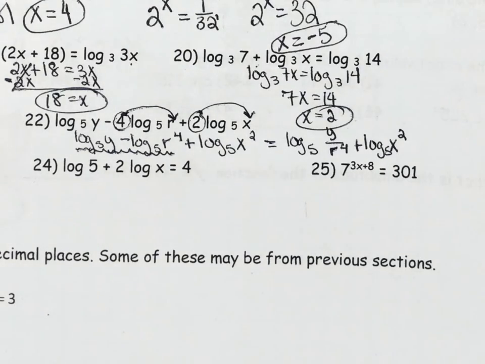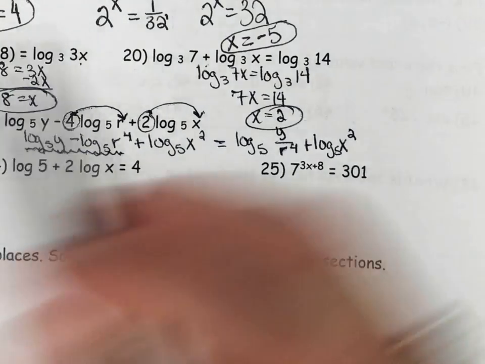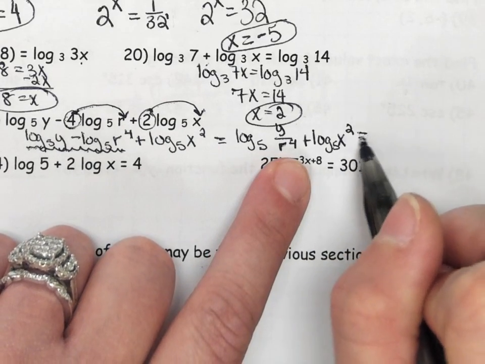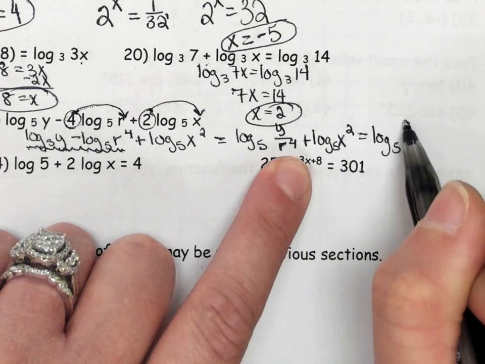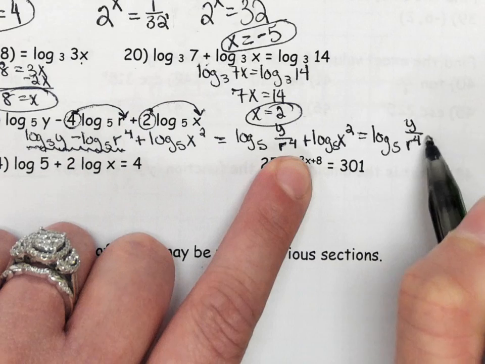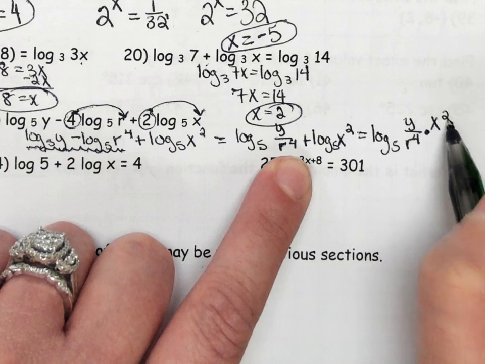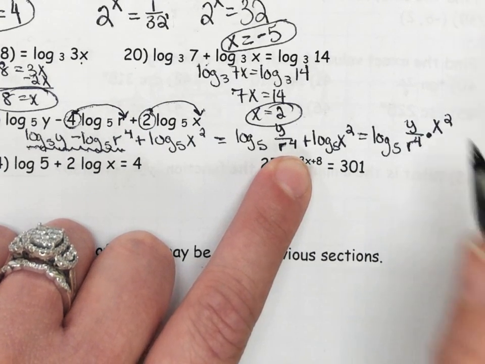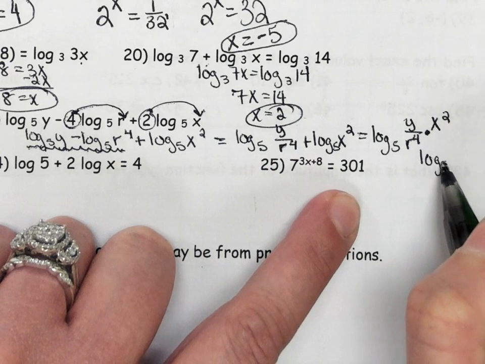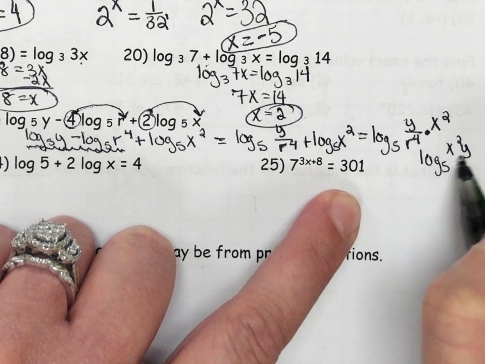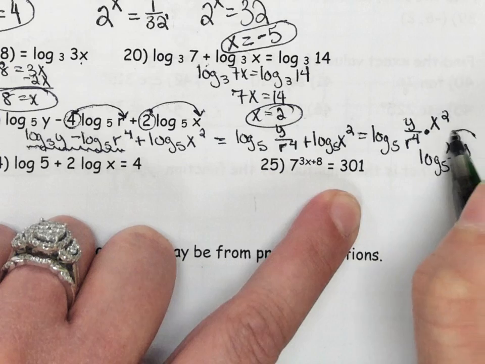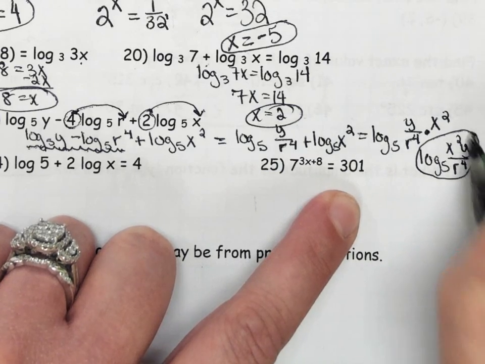And then what did addition mean to do again? Multiply. So that is log base 5 of y over r to the 4th times x to the 2nd, which would be log base 5 of x to the 2nd y over r to the 4th. You just smush them together.